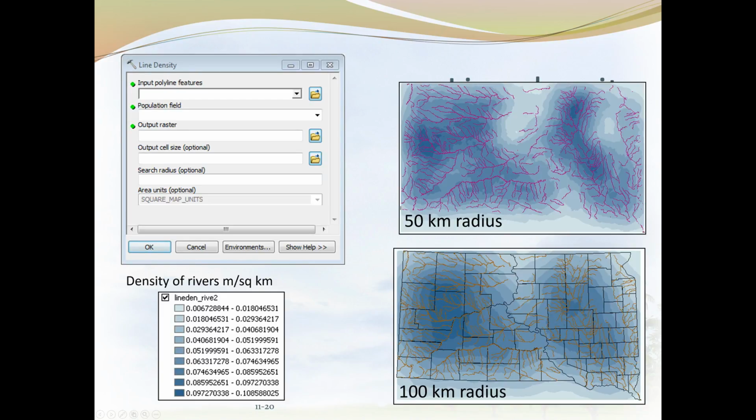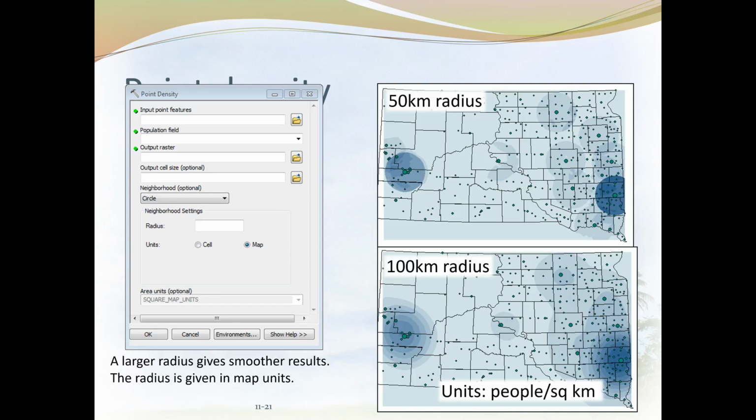The attribute field might give stronger weights to primary roads and a lesser weight to primitive roads. Okay, so now we can see that a large radius gives smoother results, while the radius is given in map units.